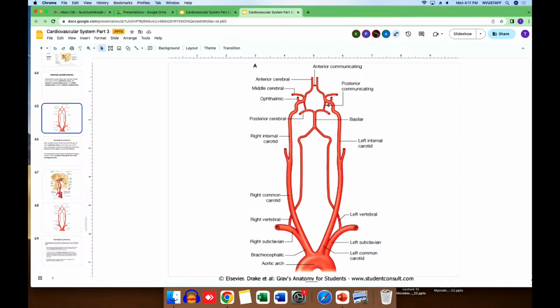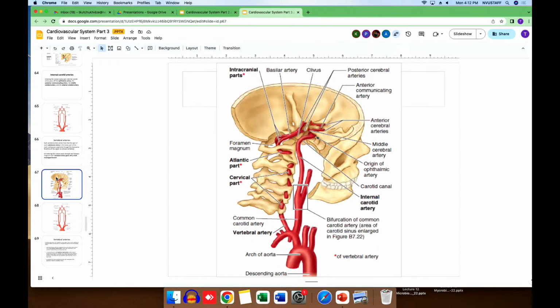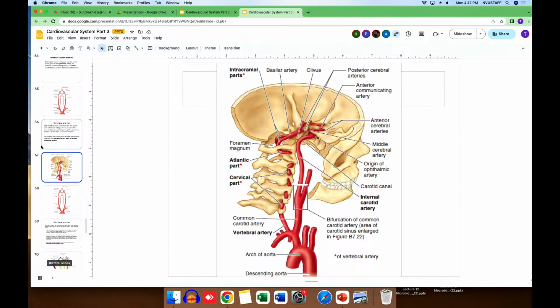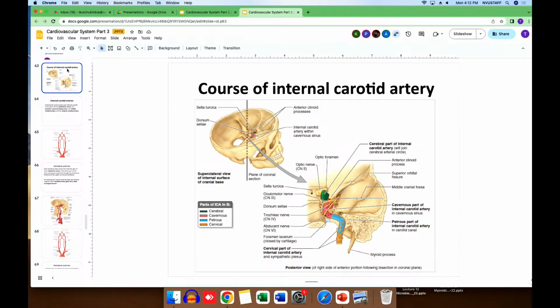So we have two common carotid arteries, right? And they proceed superiorly to the base of the skull, where they enter through the carotid canal. To see this really well, we can look at this photo here.